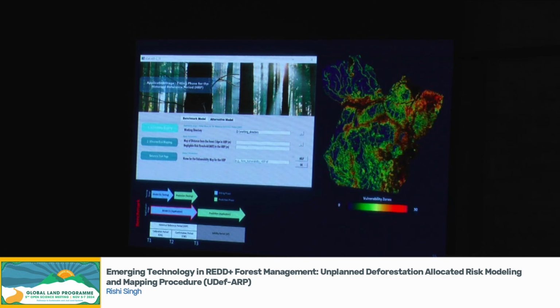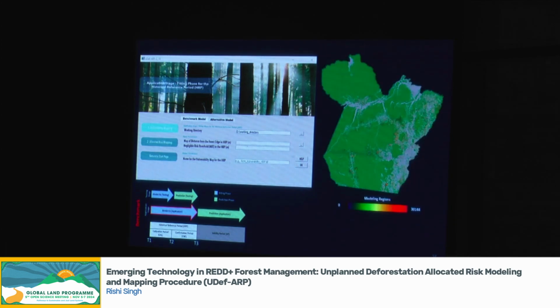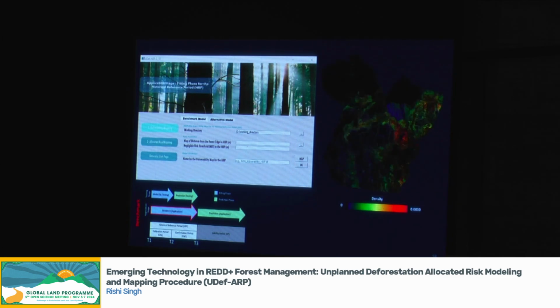Using the same HRP negligible risk threshold, we then bin it to be the vulnerability zones. And that shows the modeling regions again with the range of 0 to 30, 144. And then turning it into that ultimate density map.